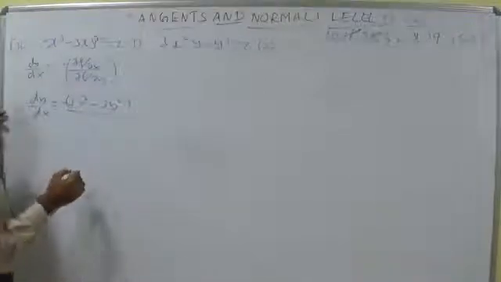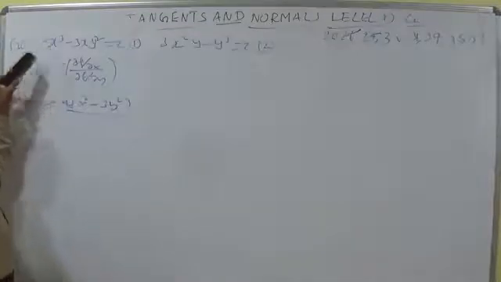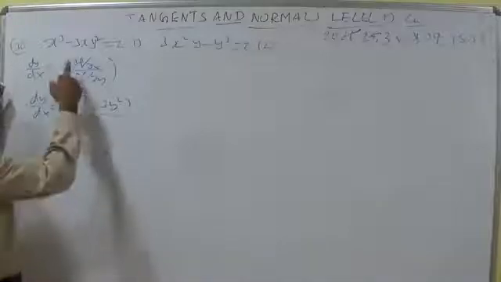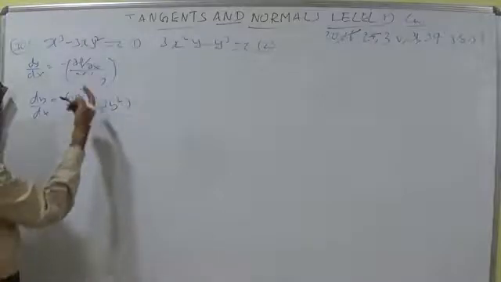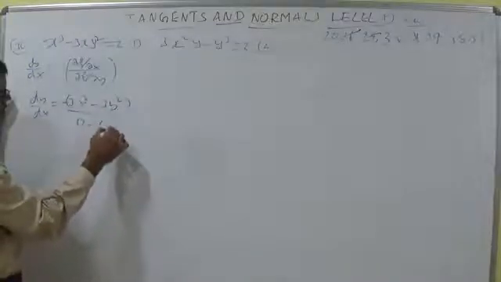Dou f by dou y: x is constant so its derivative is 0, minus 3x into y square, and y square derivative is 2y, so it becomes minus 6xy.